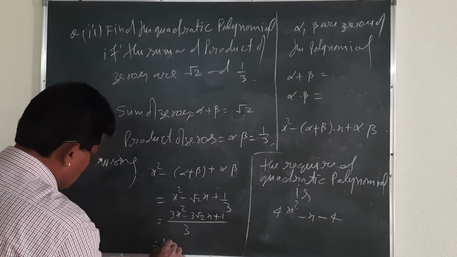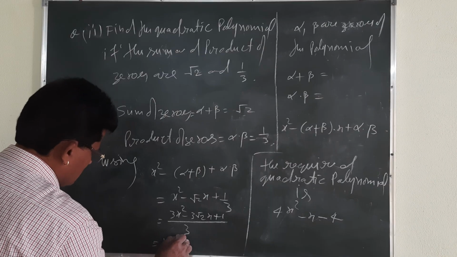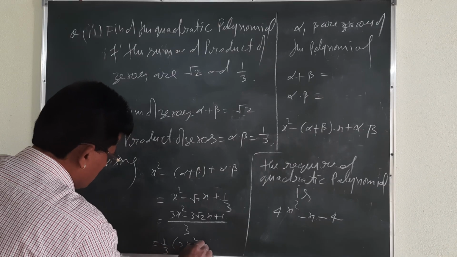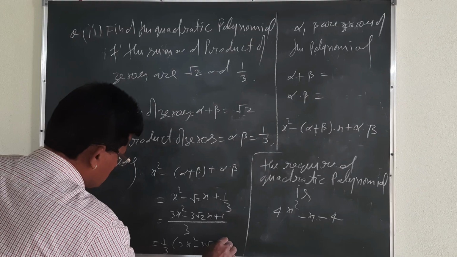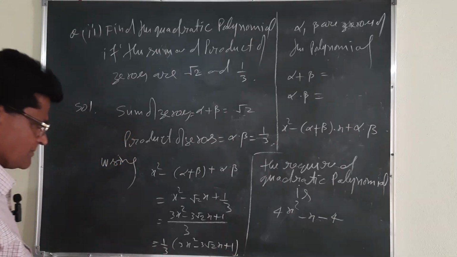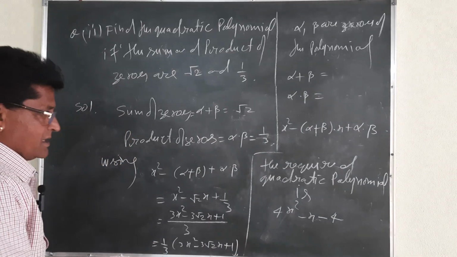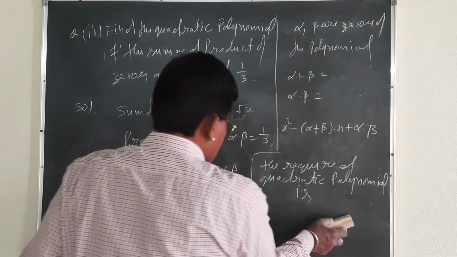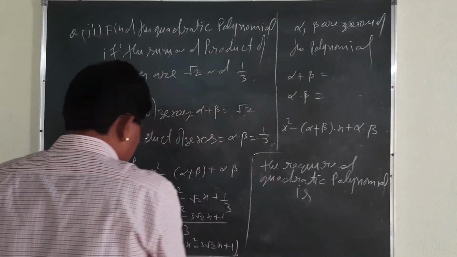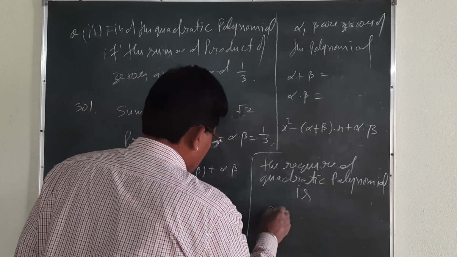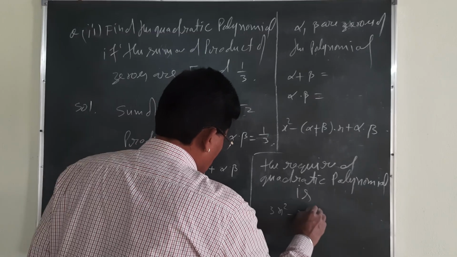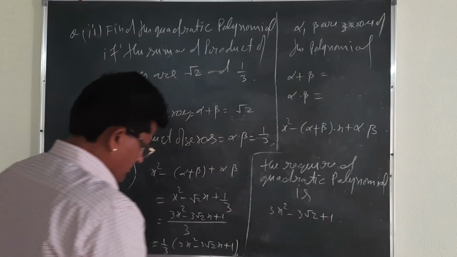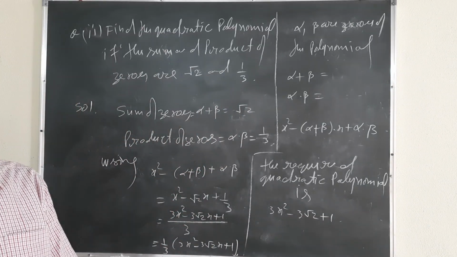It will be equal to 1 by 3 times (3x square minus 3 root 2 x plus 1). What will be the quadratic polynomial? It may be given as 3x square minus 3 root 2 x plus 1, because 1 by 3 is the value of k, which is a real number.